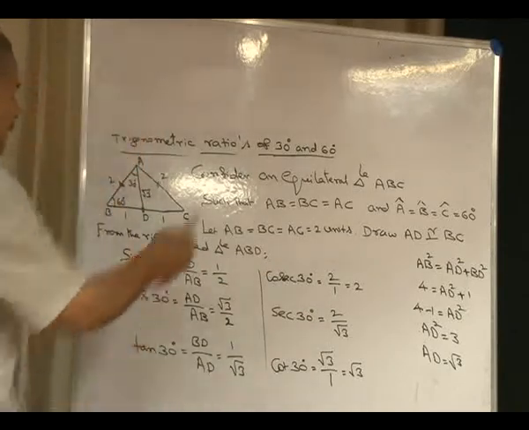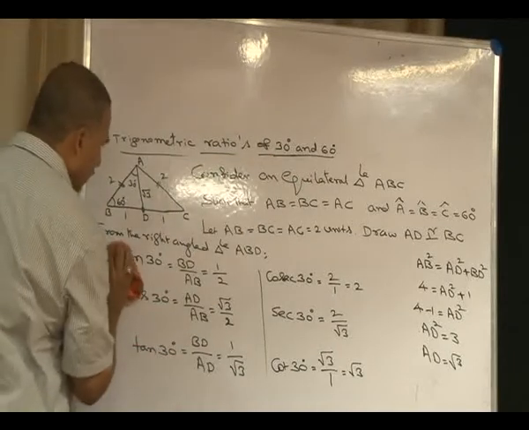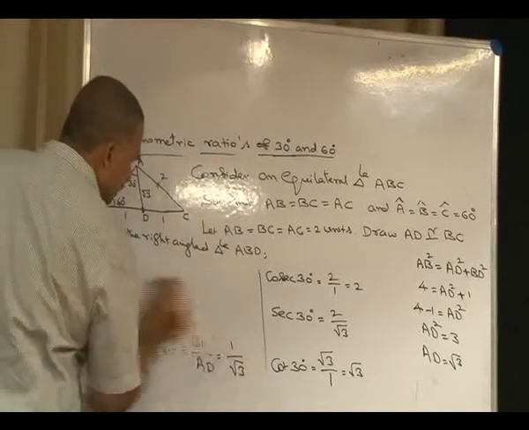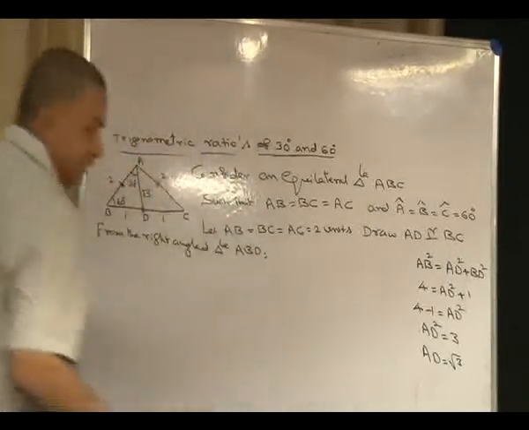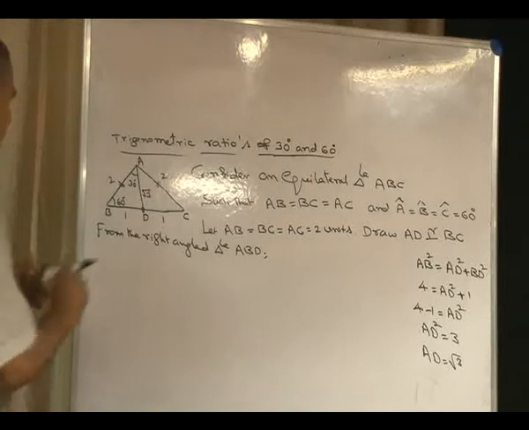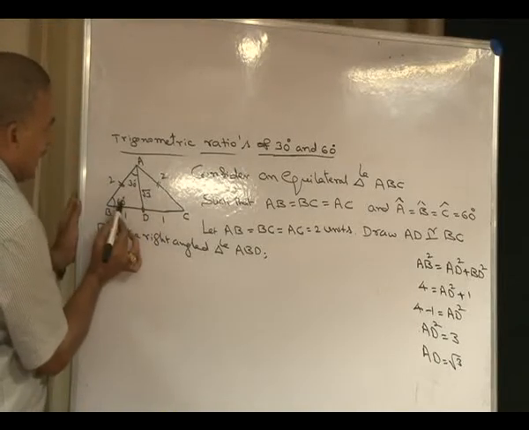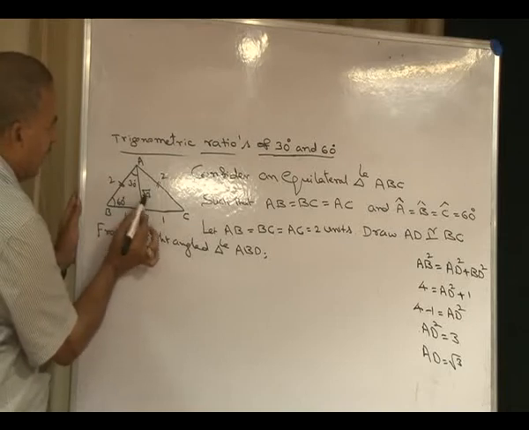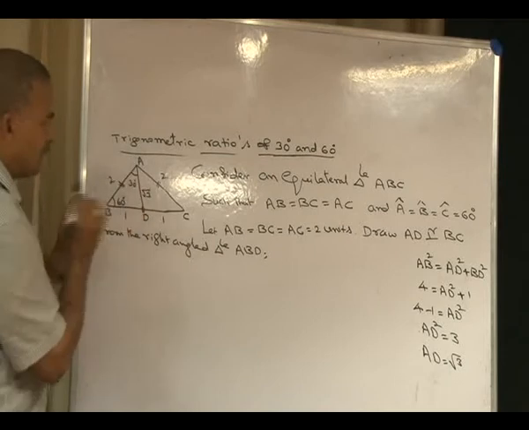Now the trigonometrical ratios of 60 degrees. For 60 degrees, here angle ABD is 60 degrees. The 60 degree opposite side is root 3, the adjacent side is 1 and the hypotenuse is 2.